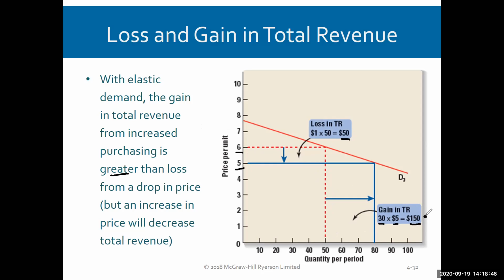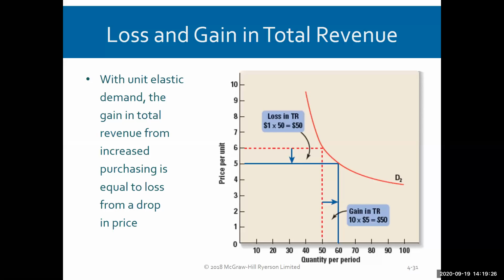That's $150. The gain in total revenue is much greater than the loss in total revenue. So here we can conclude that with this flatter curve or more elastic, if we drop the price, we'll show an increase in total revenue. So this is just kind of a more complicated way of understanding that basic idea of elasticity and the relationship to total revenue.